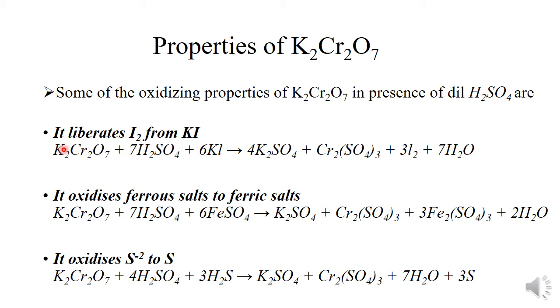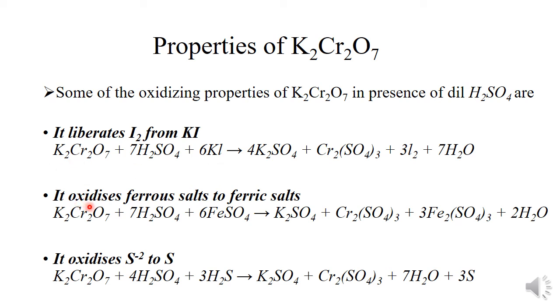That is, when potassium dichromate in the presence of dilute sulfuric acid is reacted with potassium iodide, it converts the potassium iodide into iodine along with the formation of potassium sulfate, chromium sulfate and a small amount of water. Clear? That is, potassium iodide gets converted into iodine by the action of potassium dichromate.